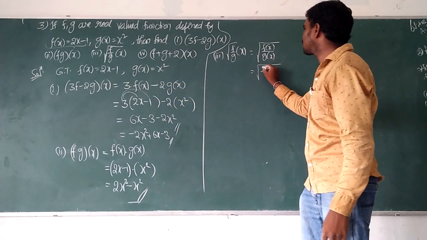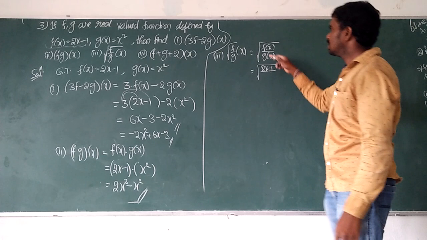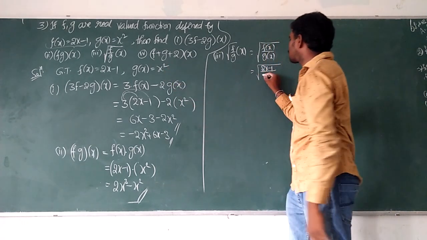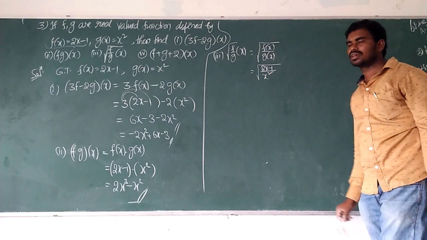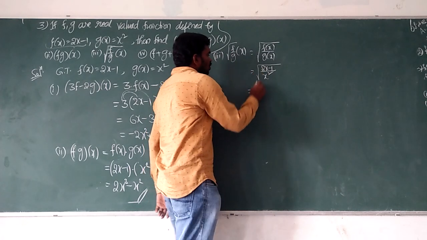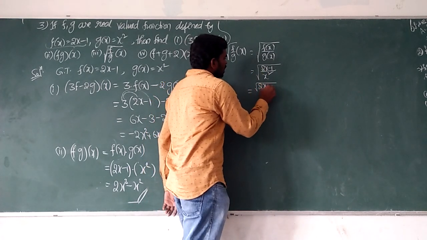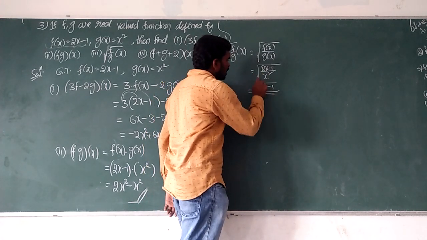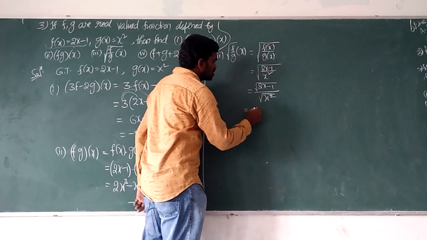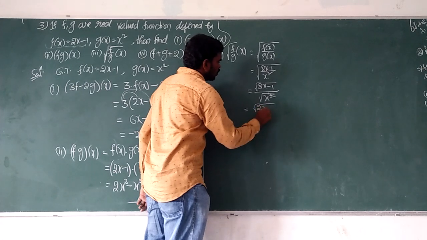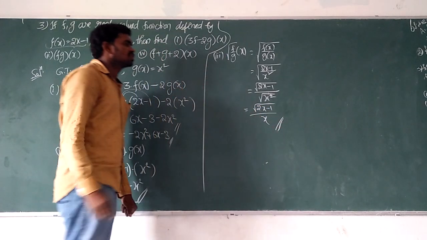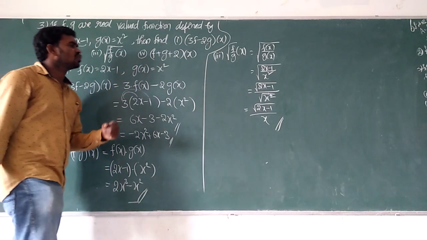So instead of f of x, write down 2x minus 1. By means by g of x. What is g of x? X square. That's it. Or if you write one more step, root can be taken to numerator, root 2x minus 1, by root can be taken to denominator, so root x square. And the square root cancels, so which is equal to root 2x minus 1 by x. This is the third question answer. And last, fourth one is what?